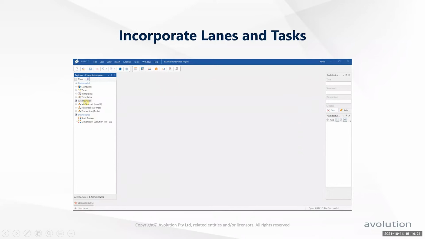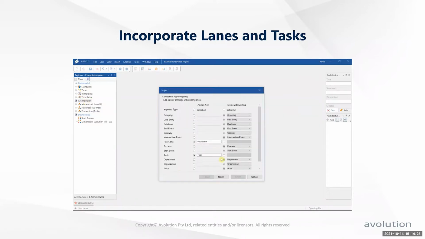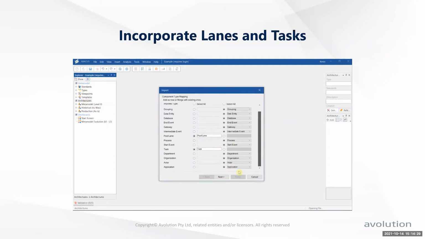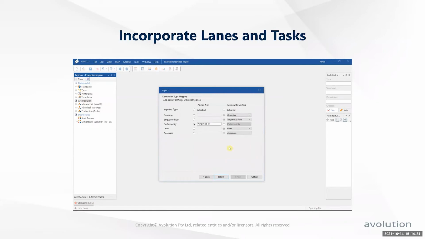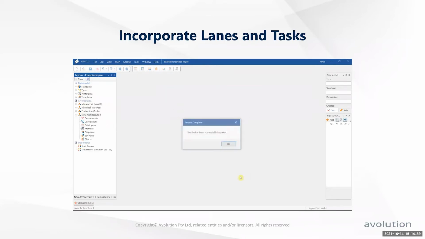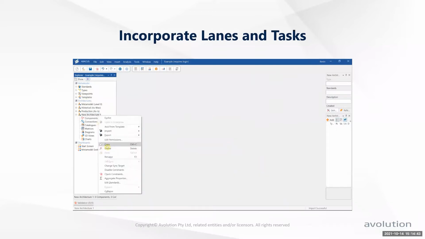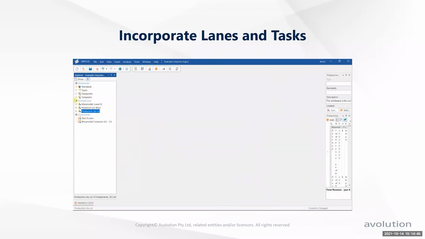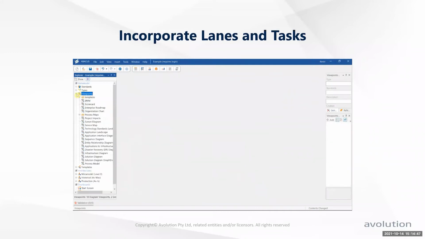The Avolution framework and many other frameworks don't distinguish between tasks and processes immediately. For the Avolution framework, if you want to incorporate lanes as well as tasks, you can consider importing another meta model. The way that the Avolution framework incorporates lanes is just using departments and actors as lanes.